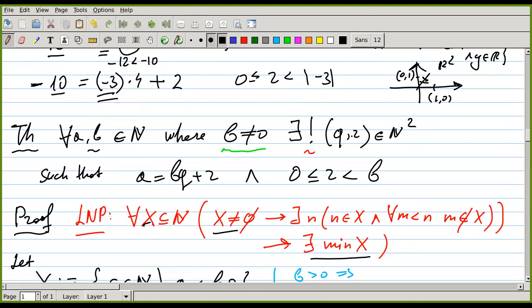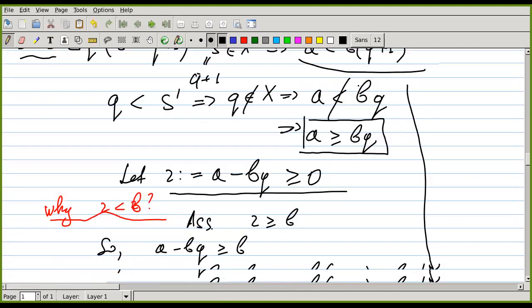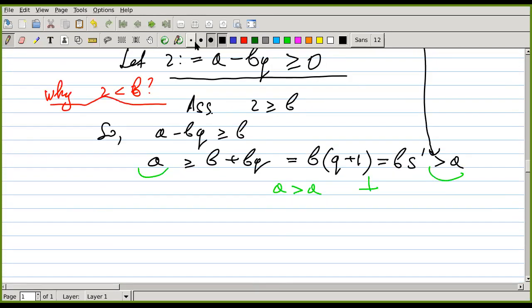Yes. The existence has been established. But what about the uniqueness? Why is such a pair unique? Okay, because we have only one minimum number in our list. Of course, but maybe taking this list number is not the only way to construct Q and R. Why Q and R?